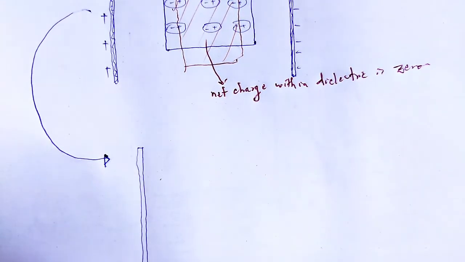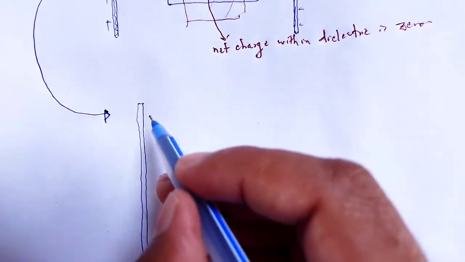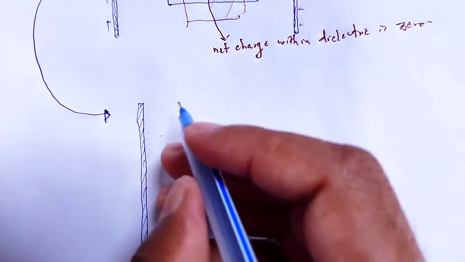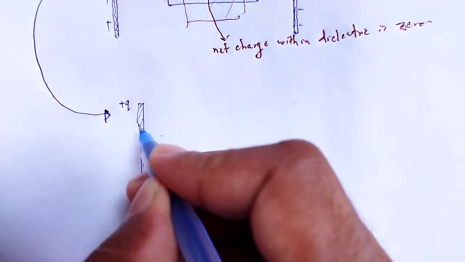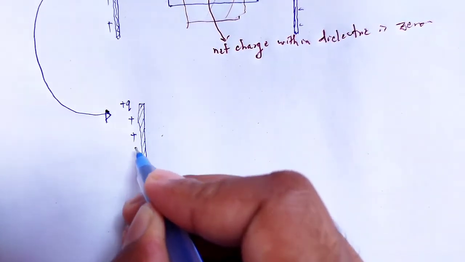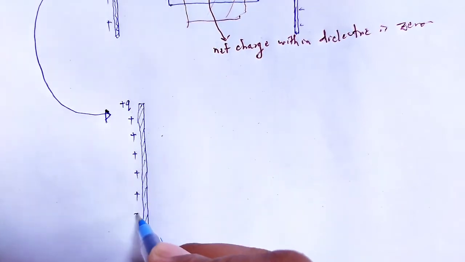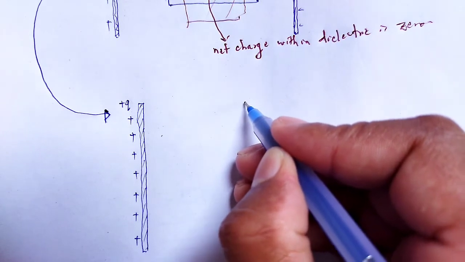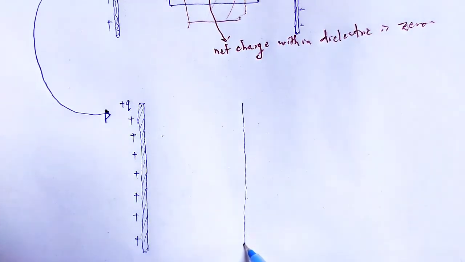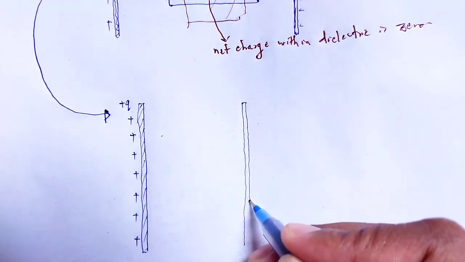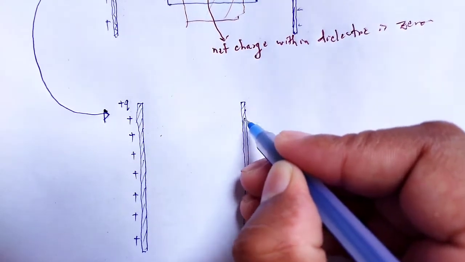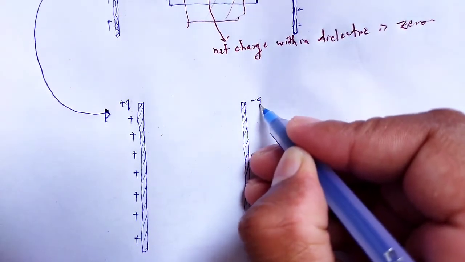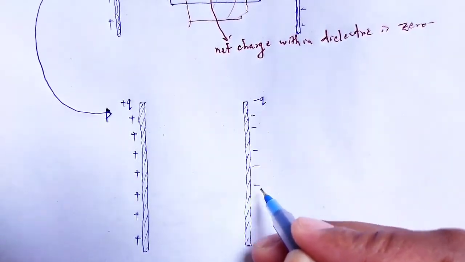This is the plate, that end plus Q positive, that end negative charge.